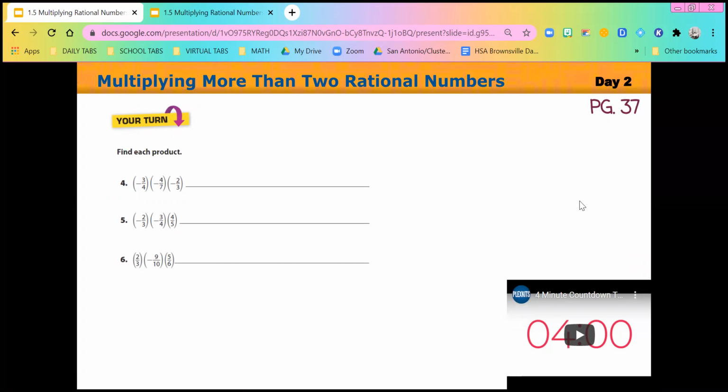Once you have your answers simplified, please make sure they're a simplified fraction. We'll come back and we'll look at your answers and we'll see if you answered them correctly. Okay, so once again, work on number 4, 5, and 6 on page 37 in your Go Math book. Pause this video. Once you have answered all 3, please come back and we'll look at them together and you can check your answers, okay? So pause it, come back.